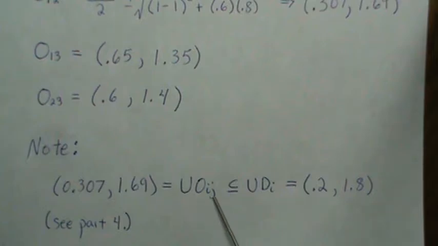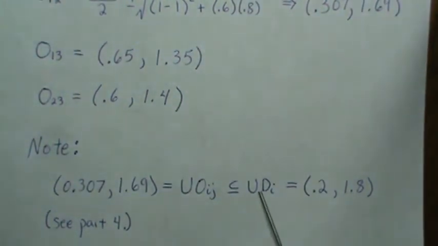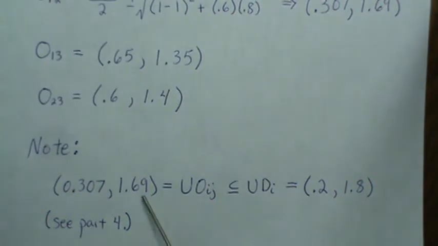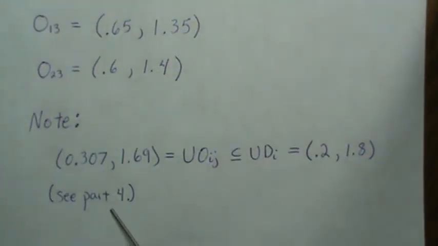But note that the union of these Brauer's ovals is a subset of the union of the Gershgorin discs, which we found to be 0.2 to 1.8. So with a little extra work you get better bounds on the eigenvalues, and see part 4 for this example.